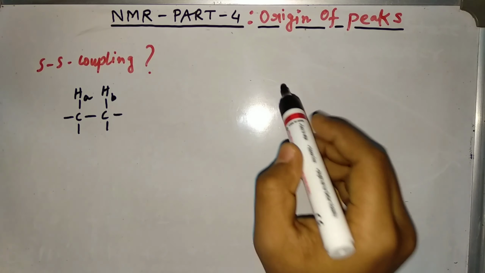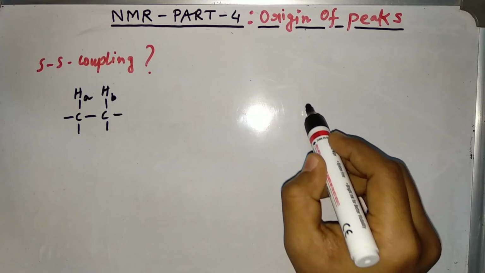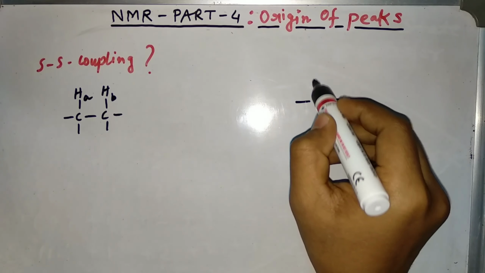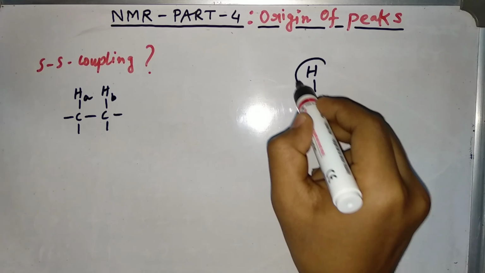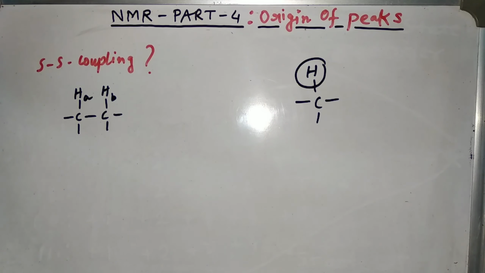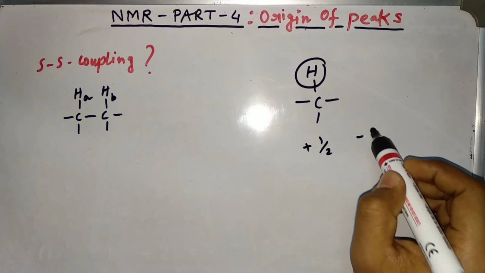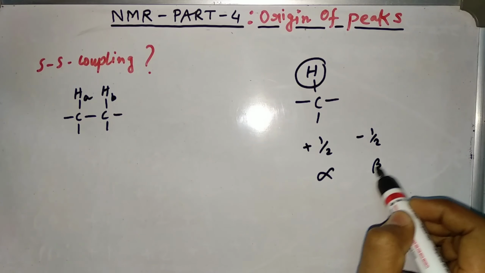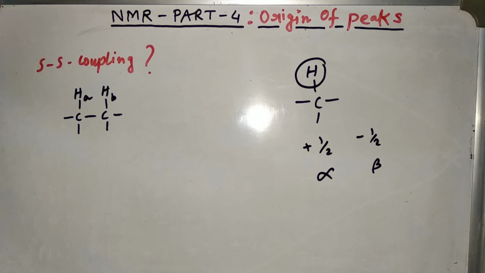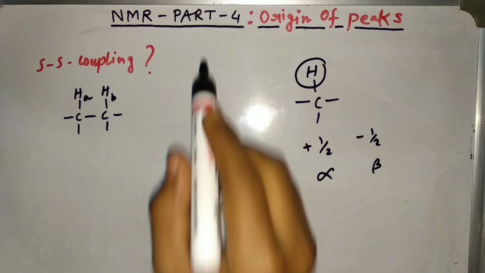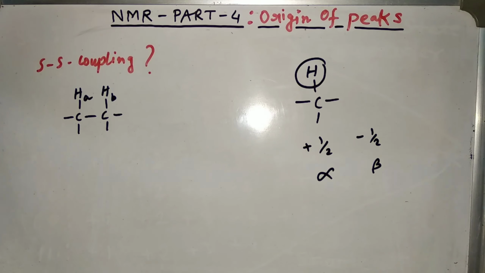You know that we have already learned that a hydrogen has one spin, represented by plus up or minus up, that is alpha spin or beta spin. You have already learned this in my previous video. If you did not check, then click the I button and you will get this, part 4, so you will get 3 different videos on NMR.